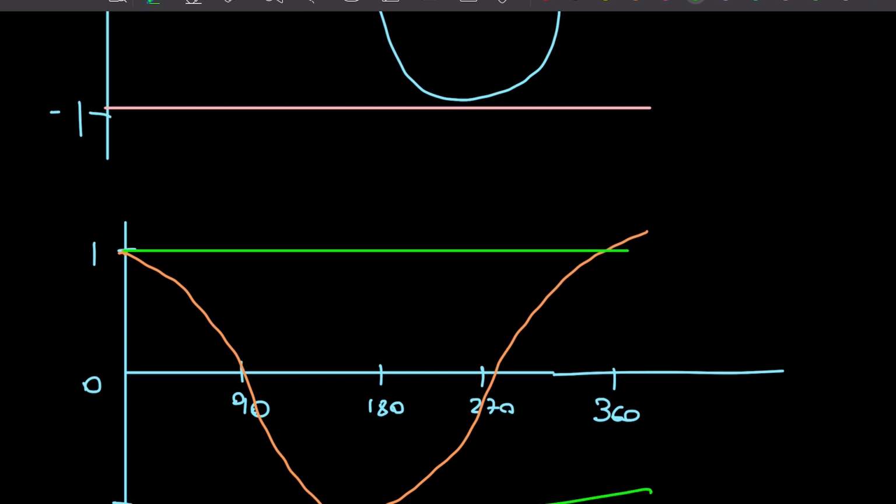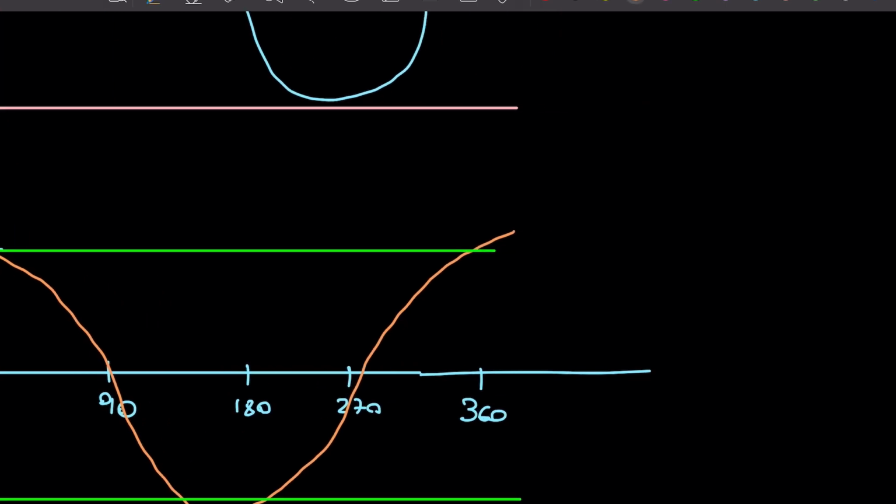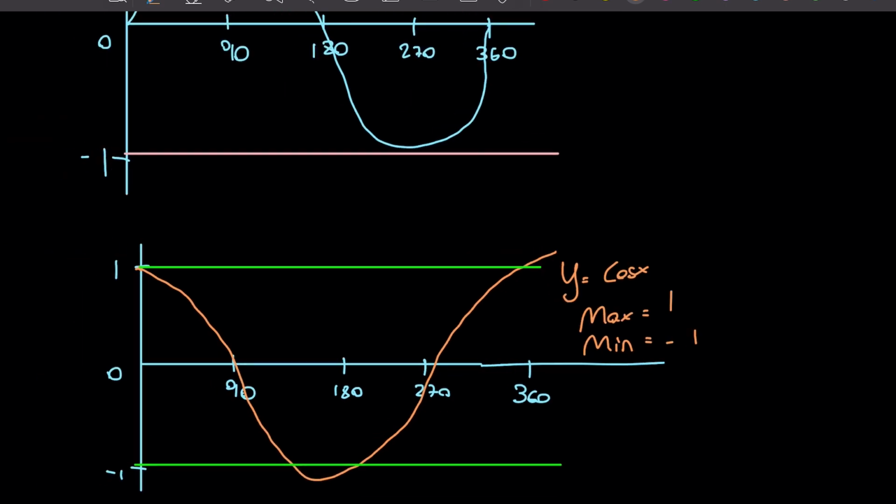Now this is not drawn to scale, but that's kind of what it should be. So that's what you need to keep into consideration. So for y equals cos x, max is equal to 1, min is equal to negative 1. So they have the same maximum and minimum, so that's just something that we need to know.